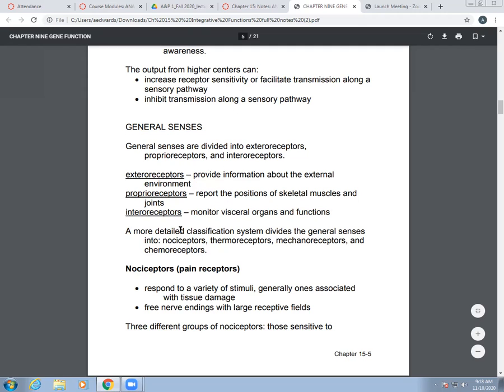All right. So you can divide up these senses in more detail into nociceptors, thermoreceptors, mechanoreceptors, and chemoreceptors. So the nociceptors are pain receptors.